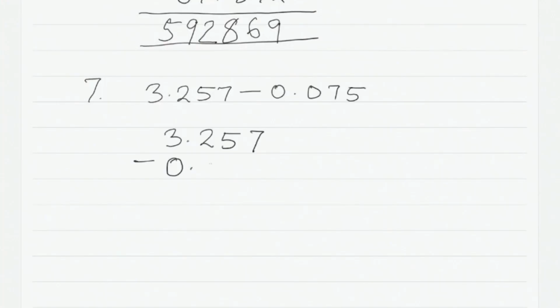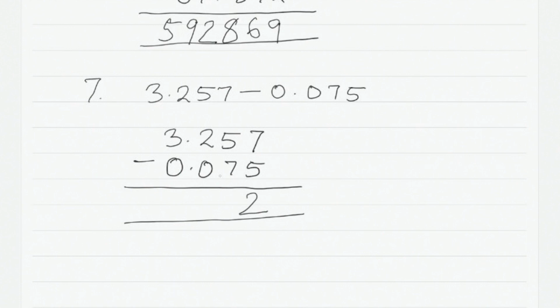0 cannot be subtracted from 5 here. We cannot subtract 7 from 5, so we get one from there, put it there, it gives us 15. 15 take away 7, that is going to give us 8.